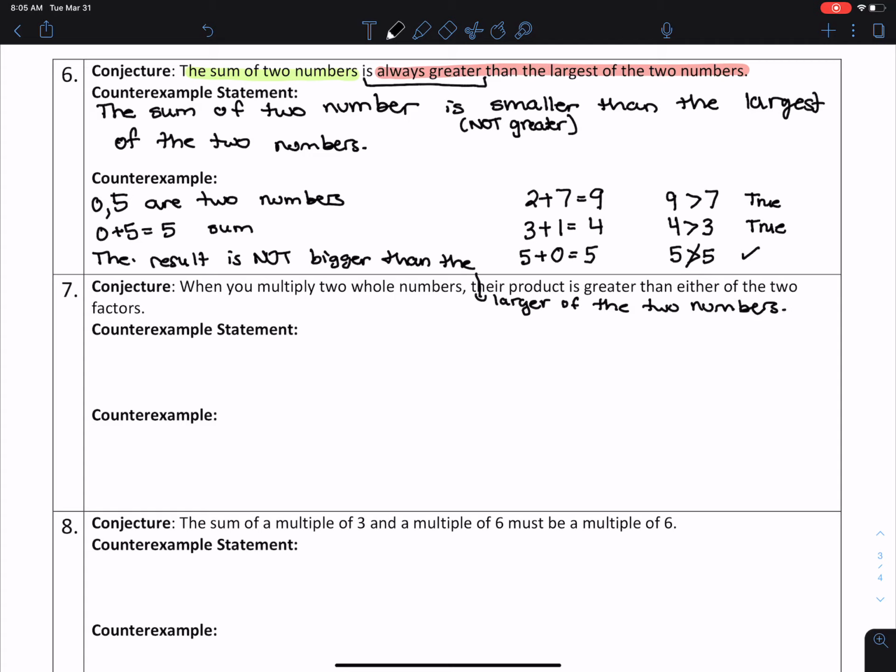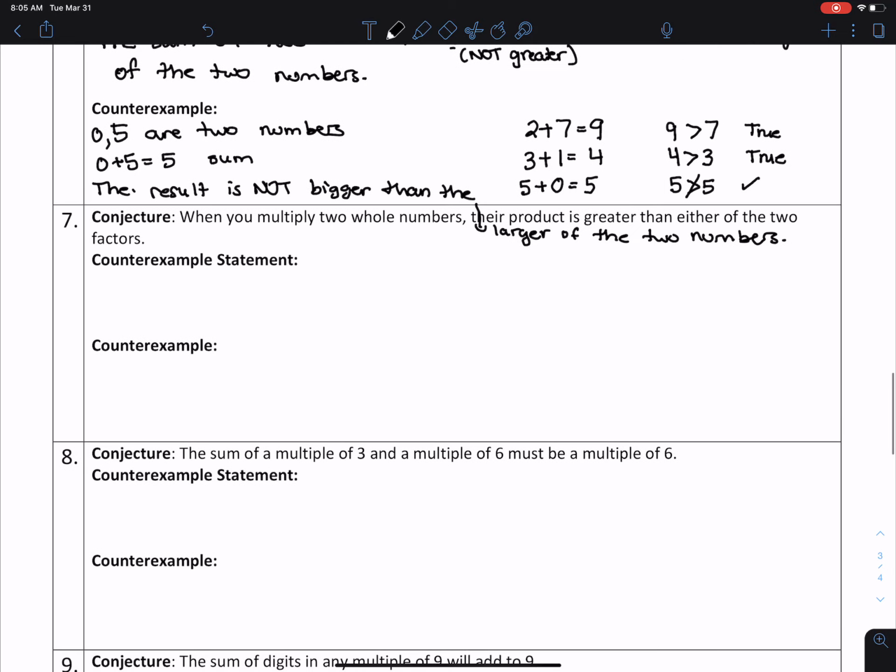Now in this example, you can see that I wrote is not smaller, or it is smaller, but we can also write that it's equal here because it's not greater than either. So another way to be clever is to start taking negative numbers, and you might see that this result is going to be still a good counterexample to pick.